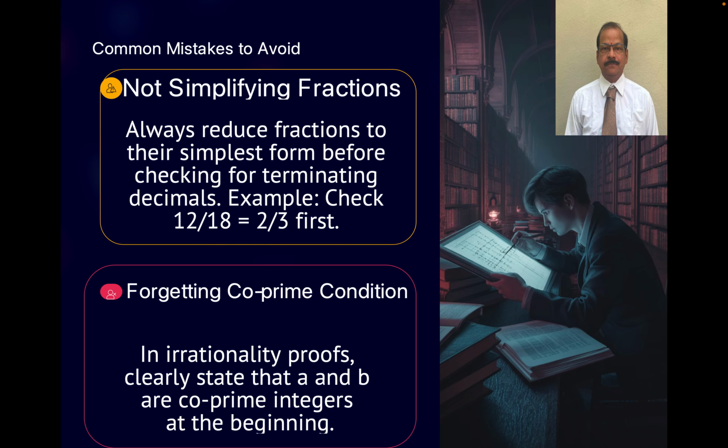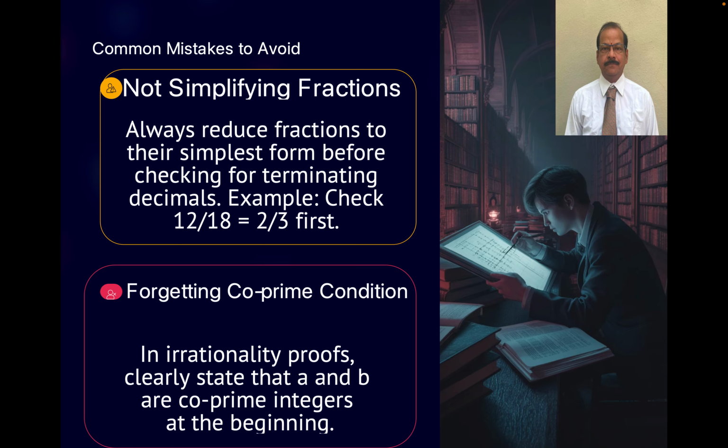After that, forgetting the co-prime condition. Whenever irrationality proofs are there, this particular phrase is expected: the co-prime condition has to be explicitly expressed.